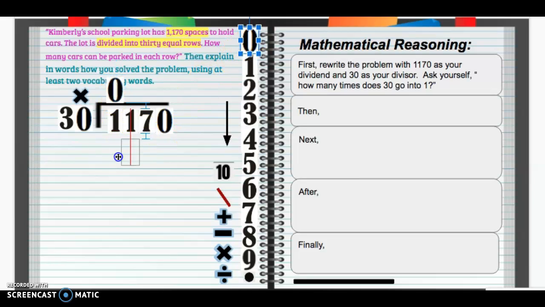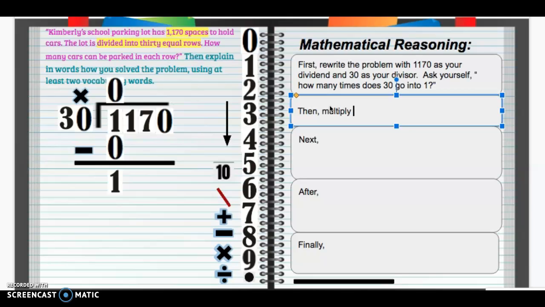So I put my 0 below the 1, and then I find the difference. So I subtract, and I get 1. Then I multiply 30 and 0 to get 0.